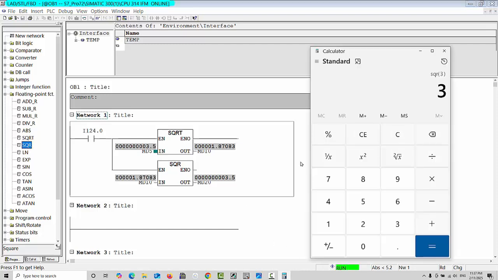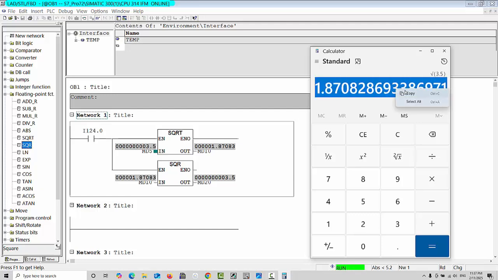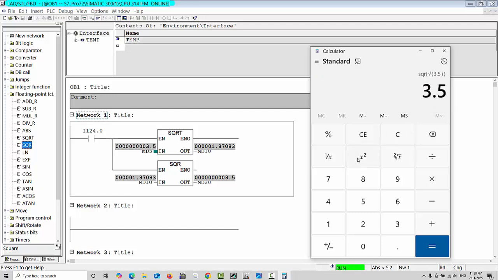This we can also verify with the calculator. The square root of 3.5 is how much? 1.8708. And if we put this same value in square, you can see the 3.5 answer.